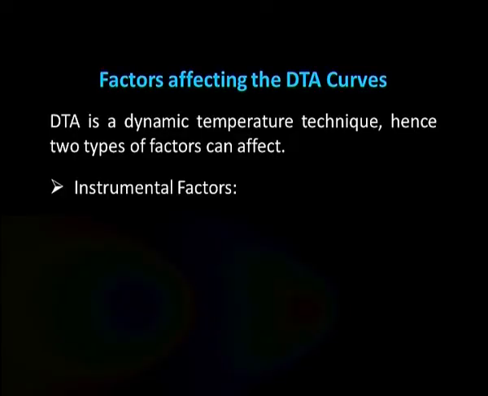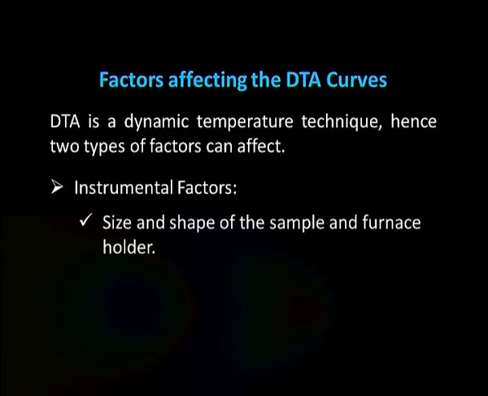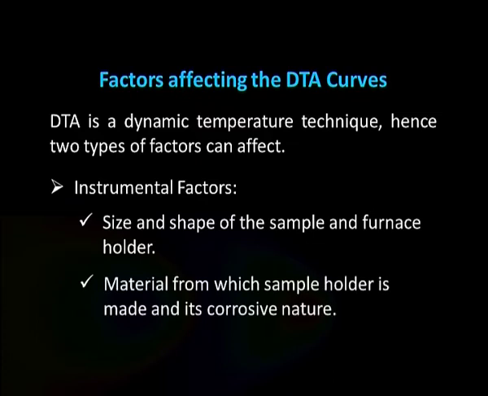First, instrumental factors, that is, size and shape of the sample and furnace holder, affect the nature of DTA curves. Second, the material from which the sample holder is made and its corrosive nature also affect the DTA curve.